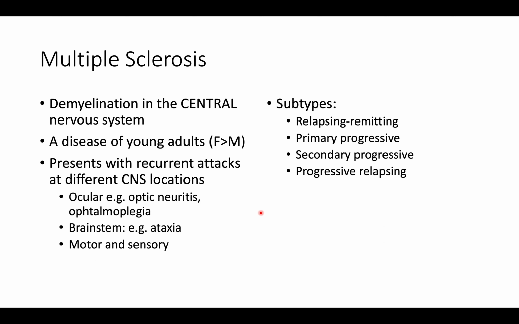For example, if the patient has vision loss and then it resolves, but then it progressively relapses. That means every time the symptom or the lesion will be more than the previous relapse. So it's not like relapsing remitting, where the lesion is completely resolved and then comes back.